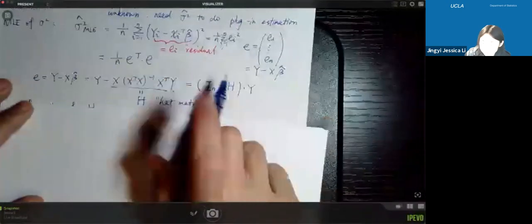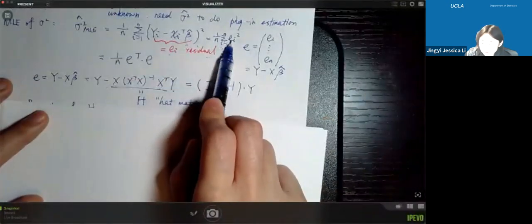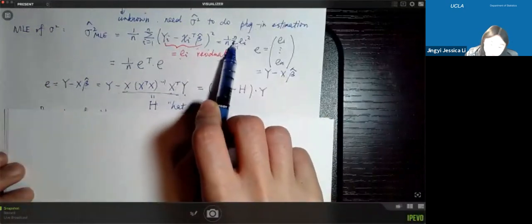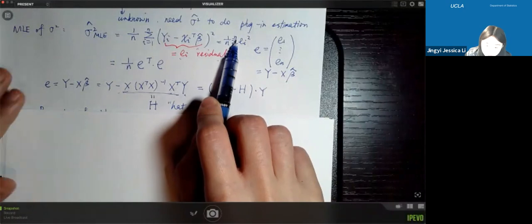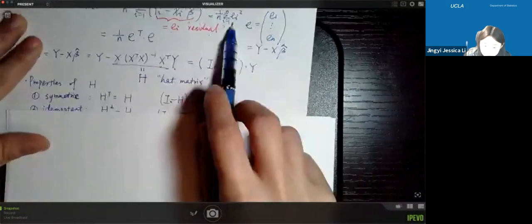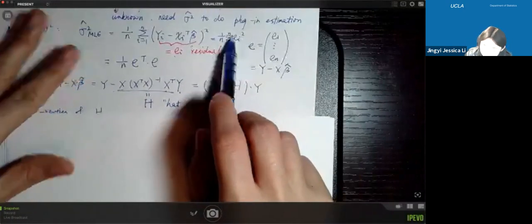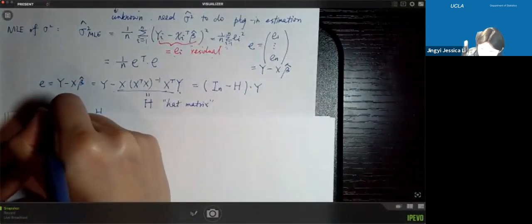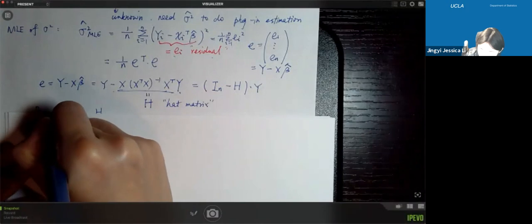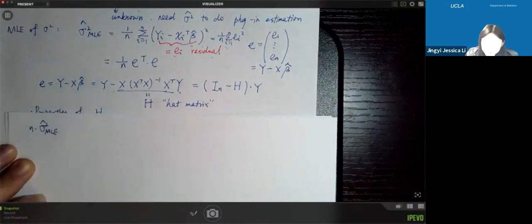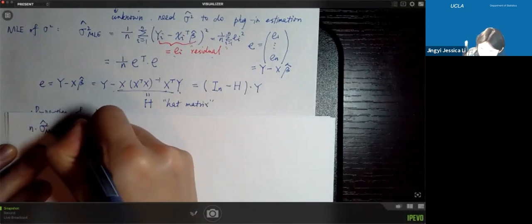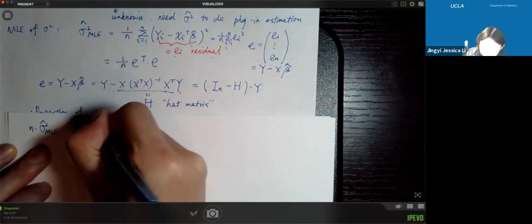Probably for some of you this is easier to see, and from here you can go to the vector form. But what's the distribution of that? That's the key thing. If we multiply it by n, n times sigma squared hat MLE, this is just the summation of e_i squared, the residuals.